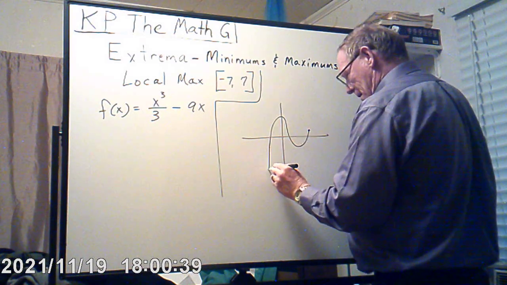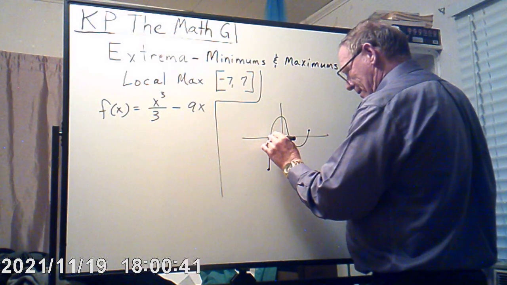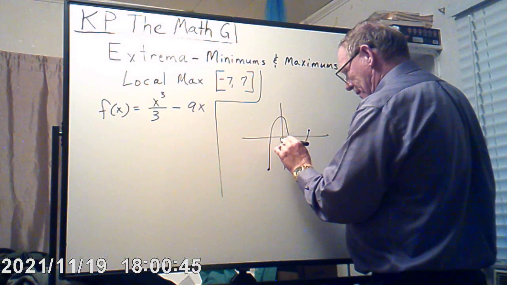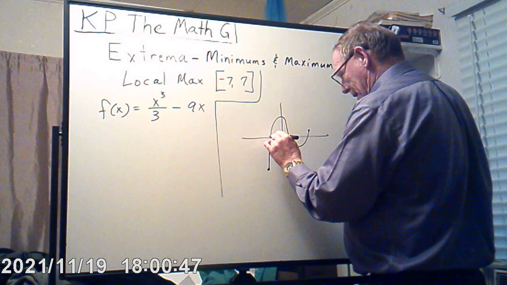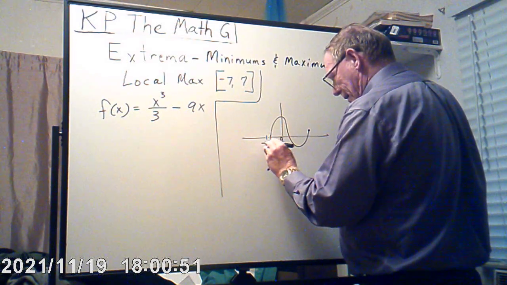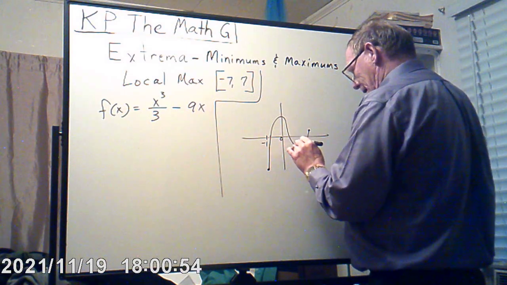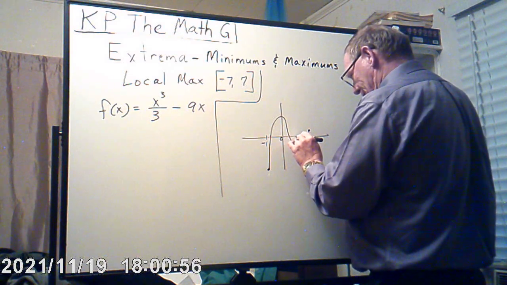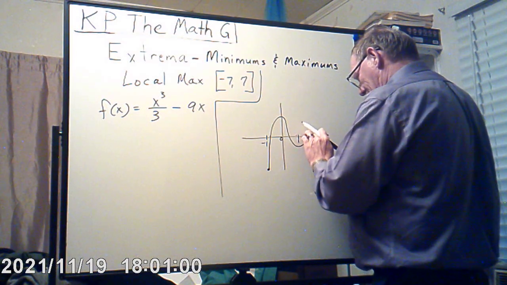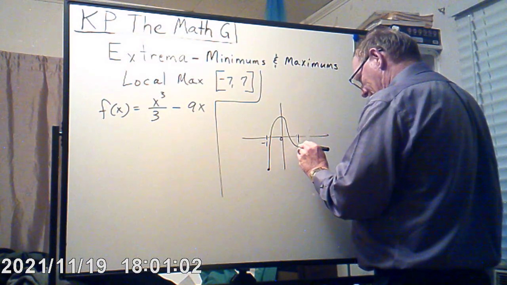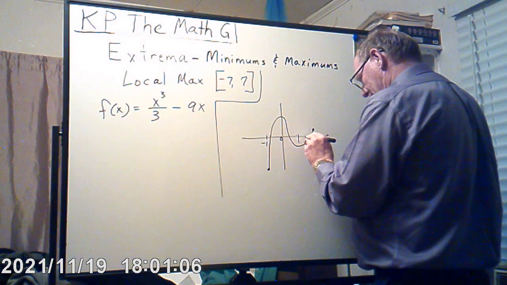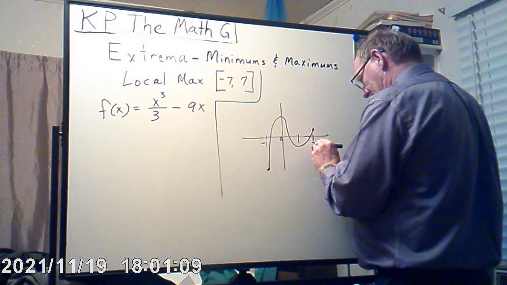Maybe this is 0 here, this is -1 here, and right here is +1, and then let's scoot it over a little bit further, and right here this is at 2.